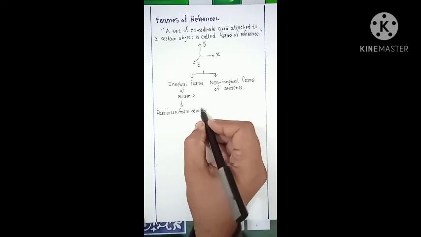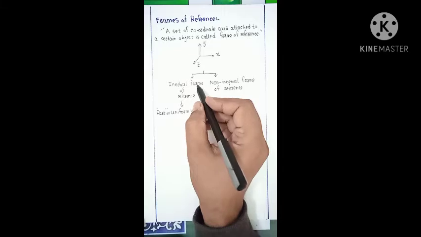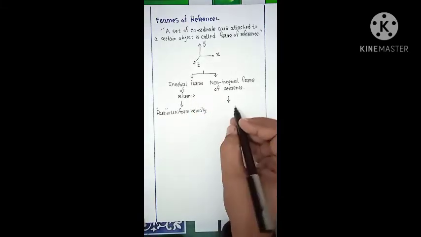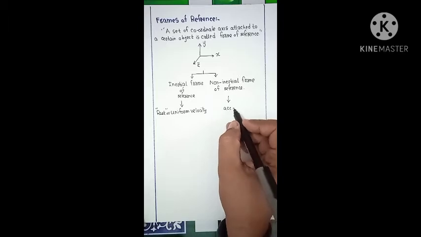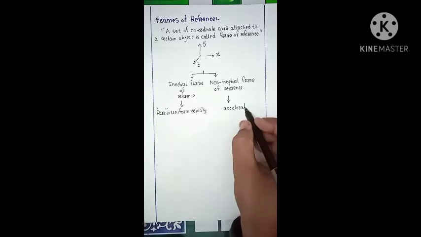For those bodies or particles, we deal with an inertial frame of reference. If bodies or particles move with an acceleration, the frame of reference which has non-uniform or accelerated motion is known as a non-inertial frame of reference.